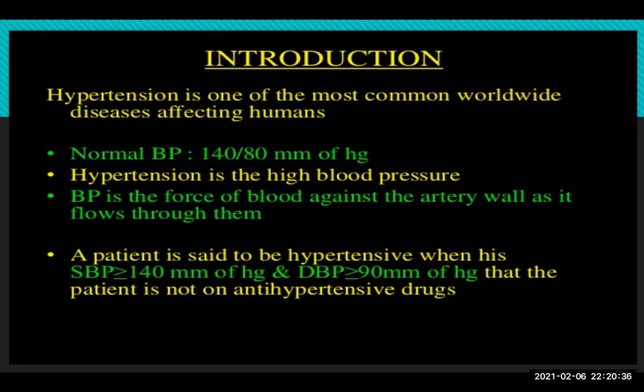Blood pressure is the force of blood against the artery wall as it flows through them. A patient is said to be hypertensive when his systolic blood pressure is equal to or higher than 140 millimeters of mercury, and diastolic blood pressure is higher than or equal to 90 millimeters of mercury, and the patient is not on antihypertensive drugs.